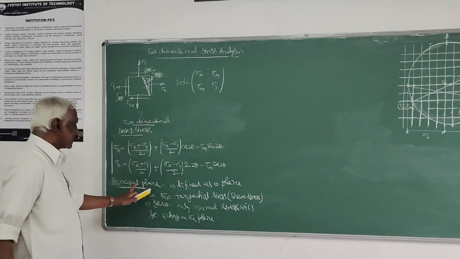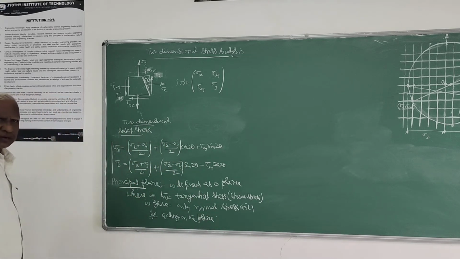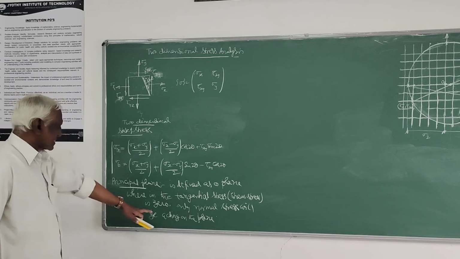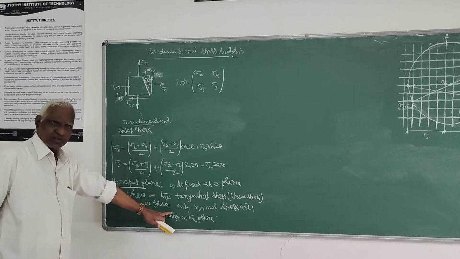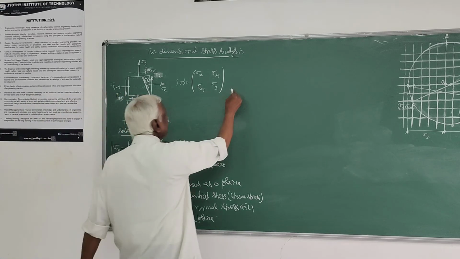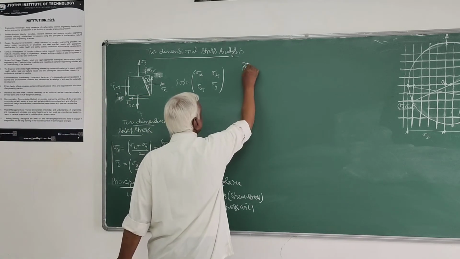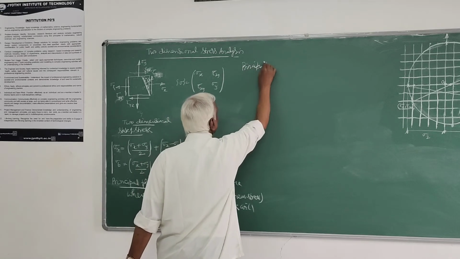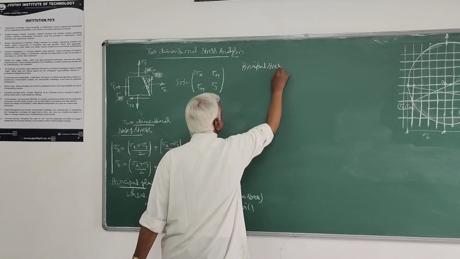And this principal plane you have to determine, and the stress, that is normal stress only will be acting, and that normal stress we call it as the principal stress.